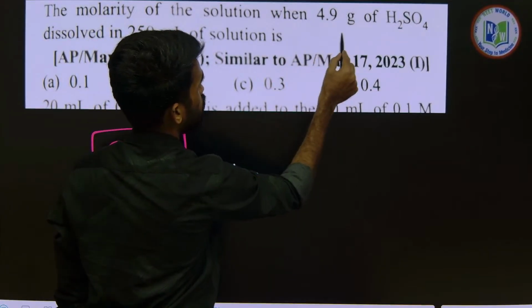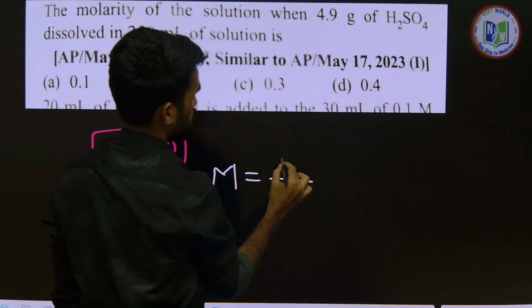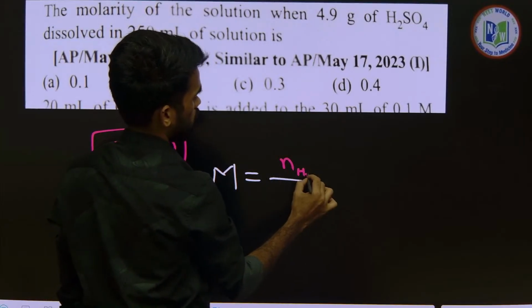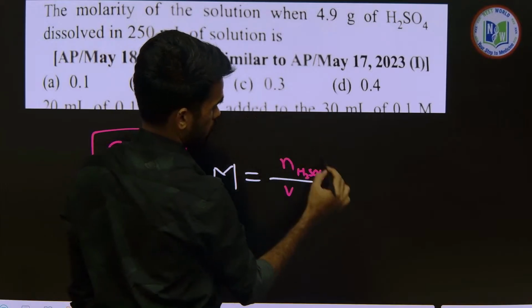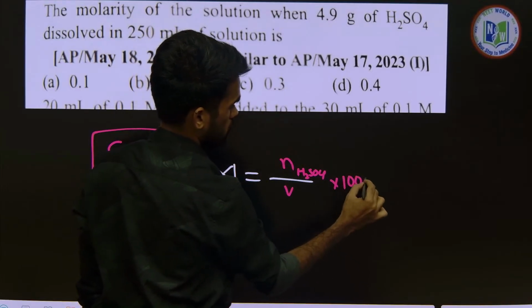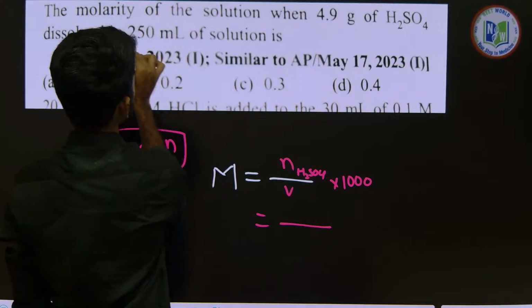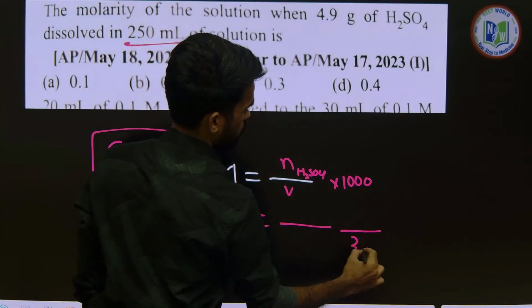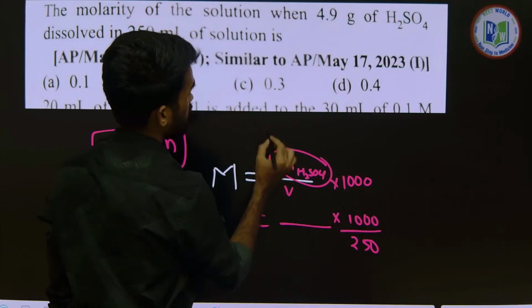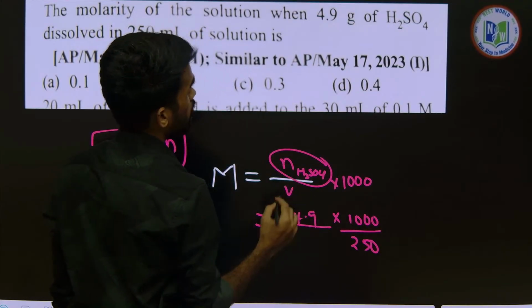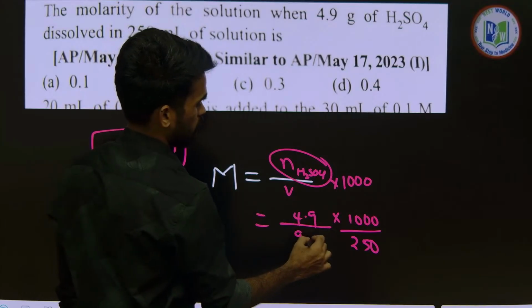Molarity, how many grams they have given, the number of moles of solute we require first. So that is H2SO4 by volume of that solution into 1000. If it is in ml, it is 250 ml, 250,000, and number of moles we can write given weight 4.9 grams and molar mass will be 98 for this.